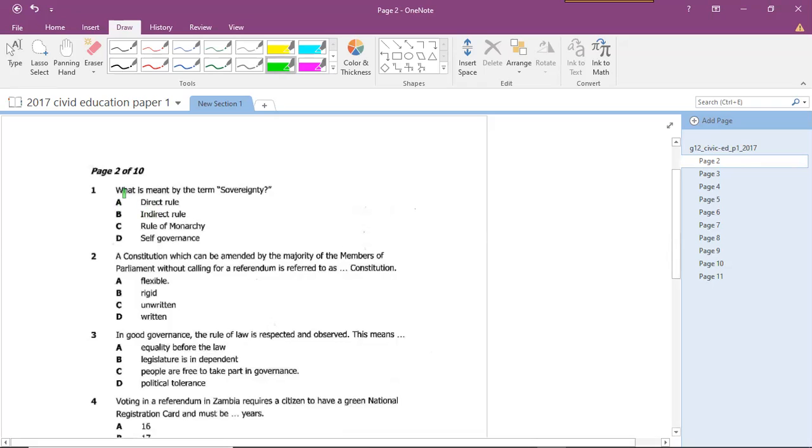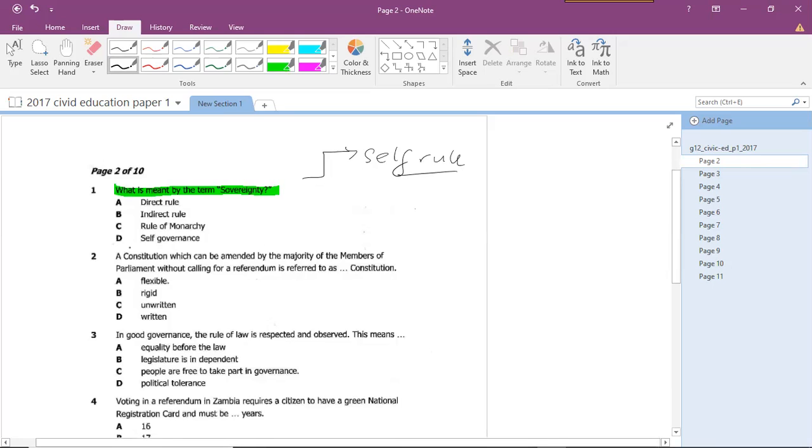Okay, so question 1 is talking about sovereignty. It states what is meant by the term sovereignty. So we did look at this word sovereignty. It means self-rule or self-governance. This is where we're talking about all individual states or all countries in the world being at liberty to make their own rules without outside interference.